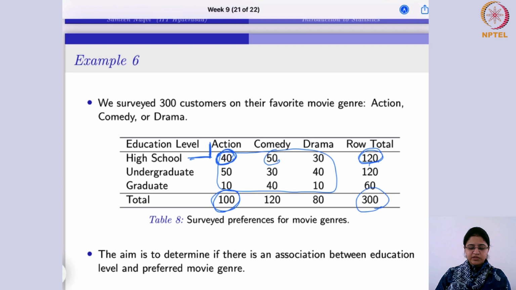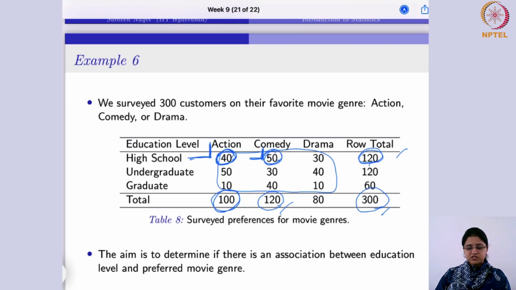Likewise, if I see this one, this corresponds to high school and comedy, right? This preference. And if I have to find the expected one, we will multiply 120 by 120 over here, divide by 300. Likewise, we can find for each of these, right? So there would be 9 such expected frequencies.